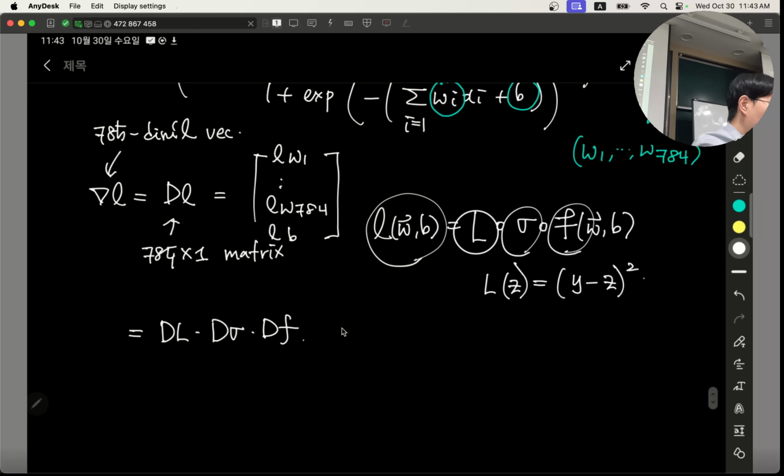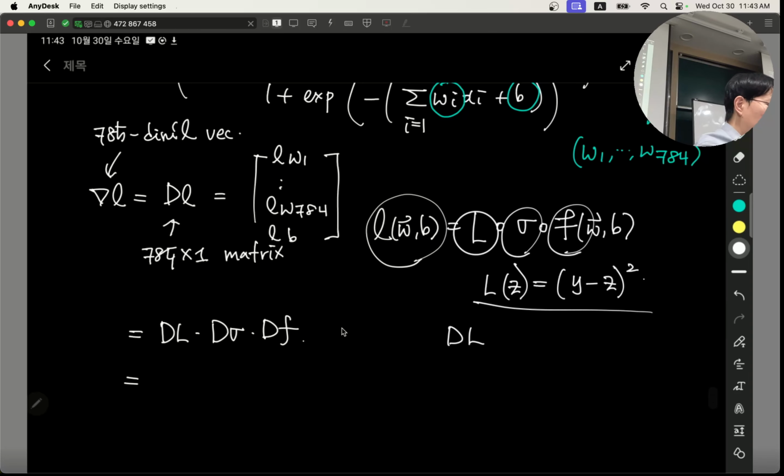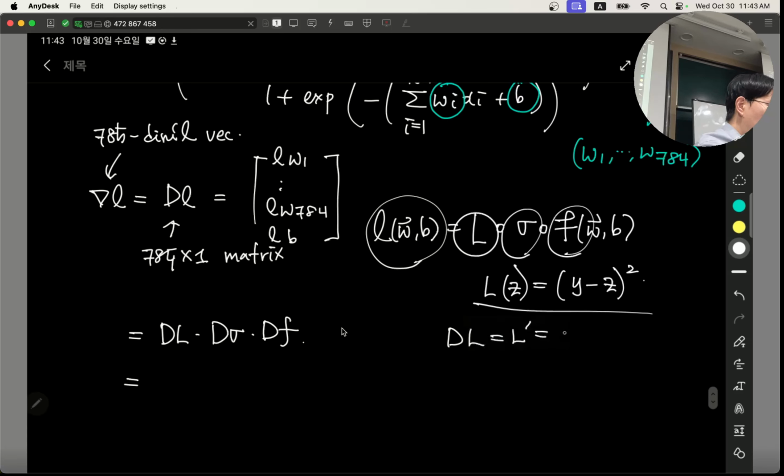So what is dL? dL is just a single variable function, so dL is just L prime, which is 2 times (y minus z).